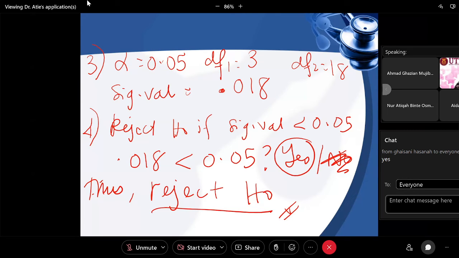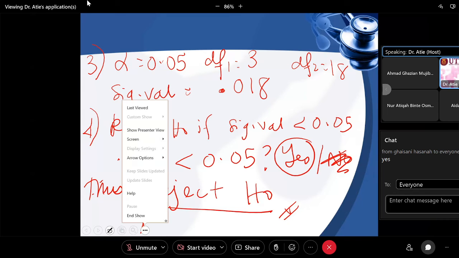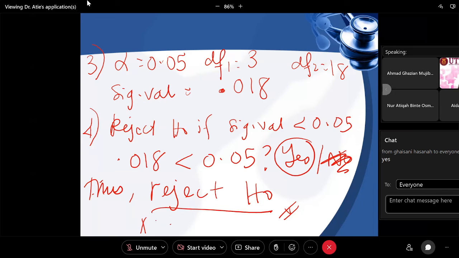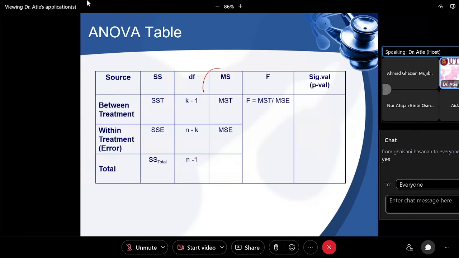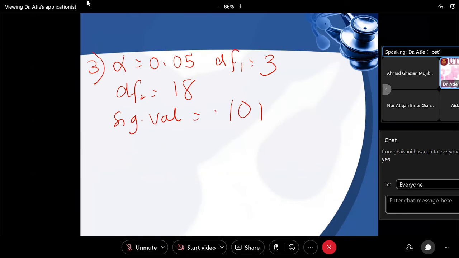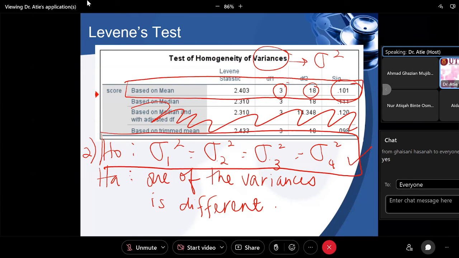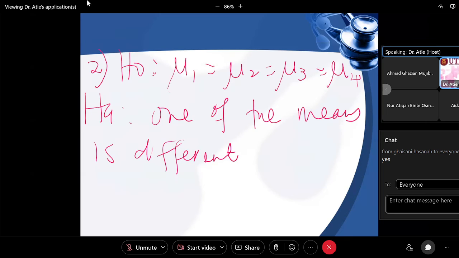Okay, people, when we say we reject H naught, it means what? We accept HA. That's what it means, okay? Reject H naught, we accept HA. Okay, so what does it mean? Right, we need to go back and look at our hypothesis.